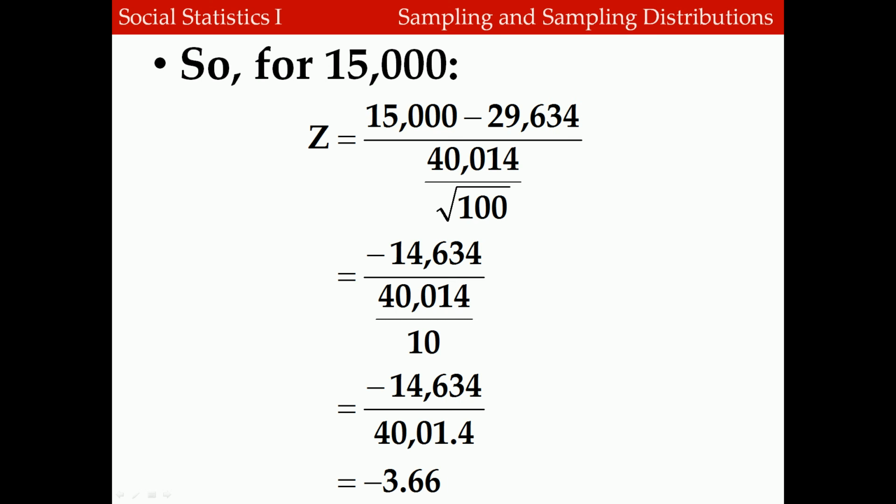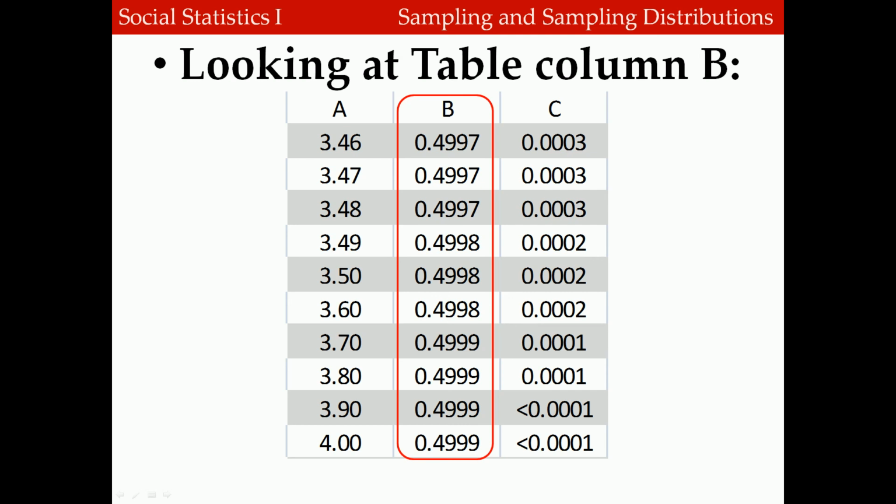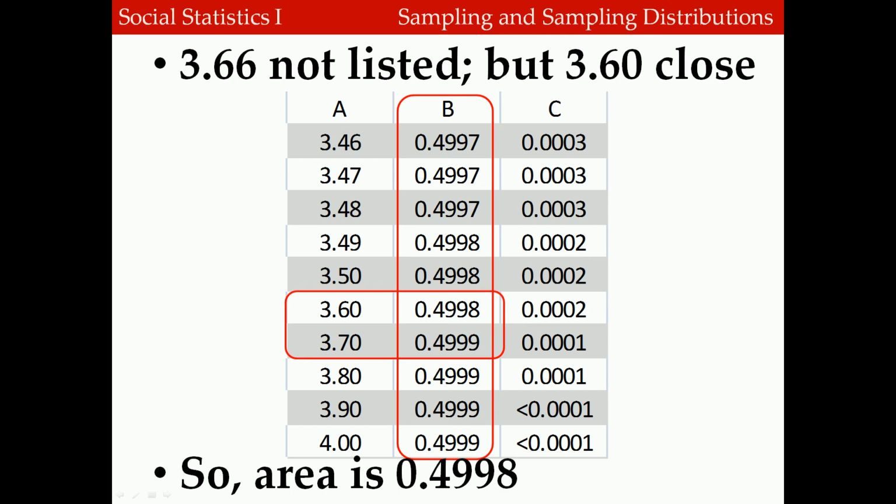And so that tells us that 15,000 is over 3 standard deviations below the true population mean. And so we have to find the area under the curve corresponding to that value. And so 3.66 isn't listed, although we know it's between 3.60 and 3.70. And so as an approximation, let's just use a value of 0.4998.